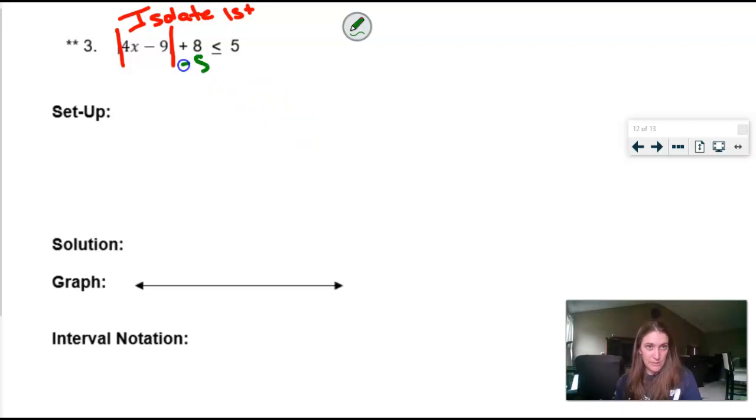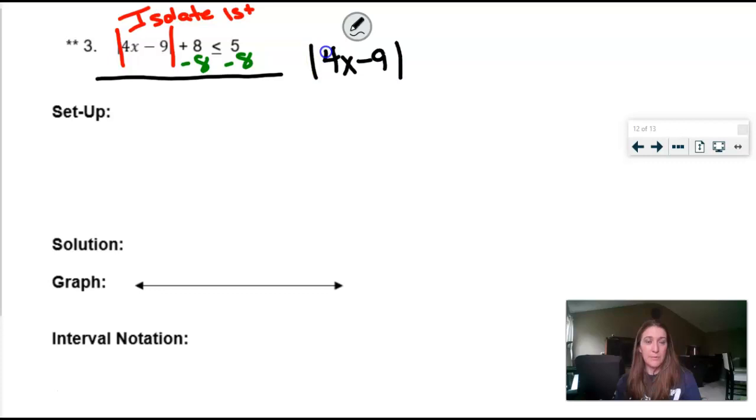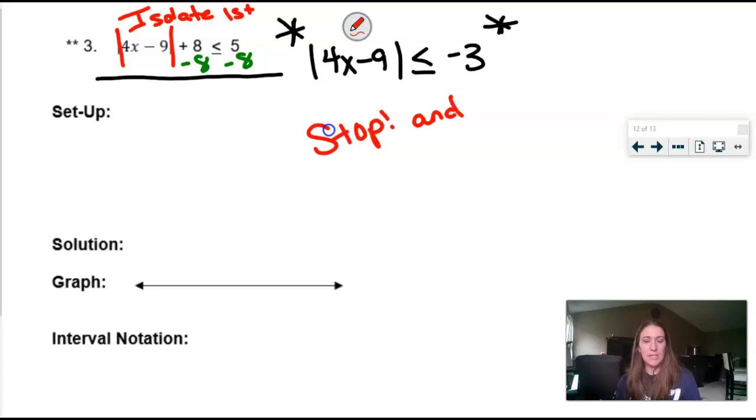I'm going to subtract 8 from both sides. Oh boy, now I see why it starred. So the problem really says the absolute value of 4x minus 9 is less than or equal to -3. So that's why this guy's got stars all over it. So I want you to write a note in your notes. And I want you to say stop and think.